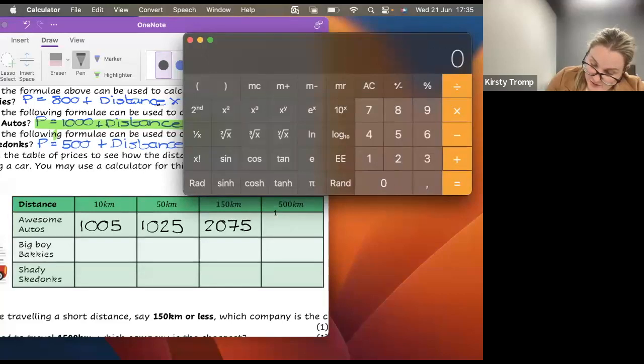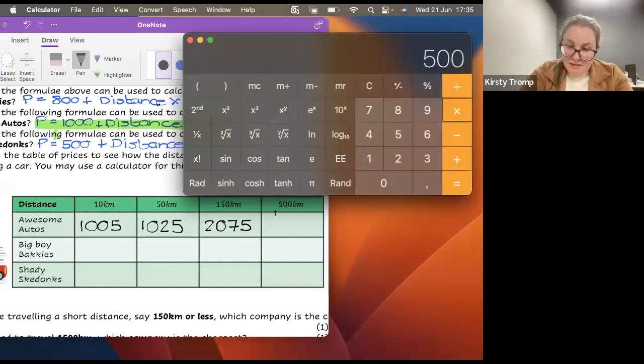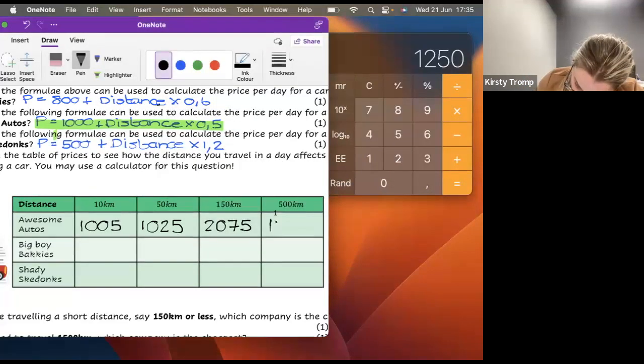plus 1,000. Oh my goodness, my calculator is doing strange things, guys. So let's start again. No, it's really doing strange things now. So my distance, which is 500 times by 0.5 plus 1,000 equals 1,250.